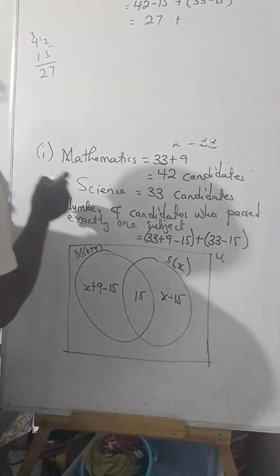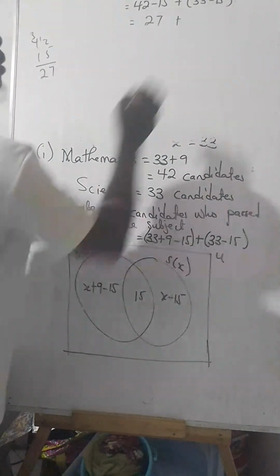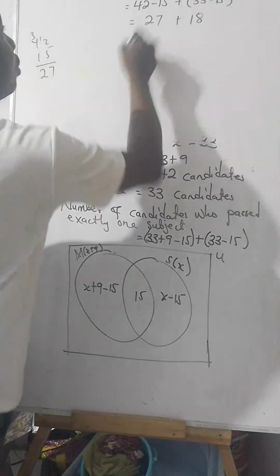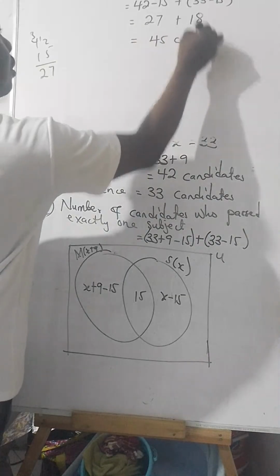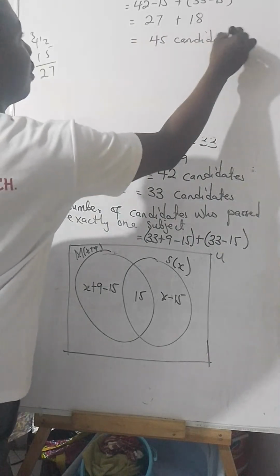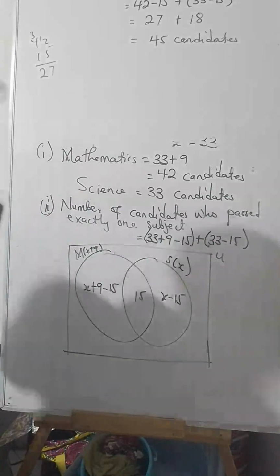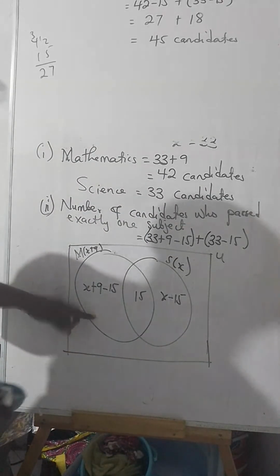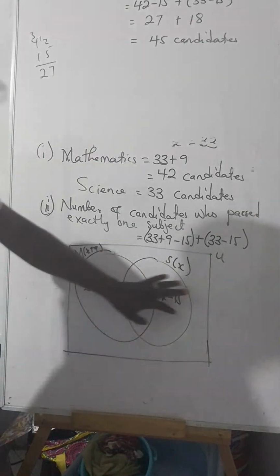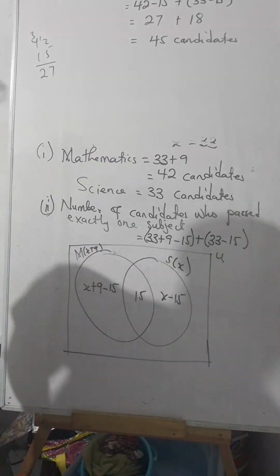So that will give us 18. Good. So this will be 45 candidates. So meaning 45 candidates pass exactly one of the subjects, which is only maths and only science.